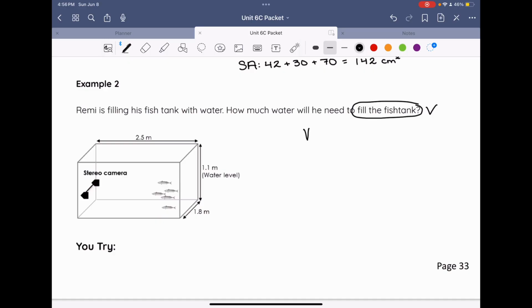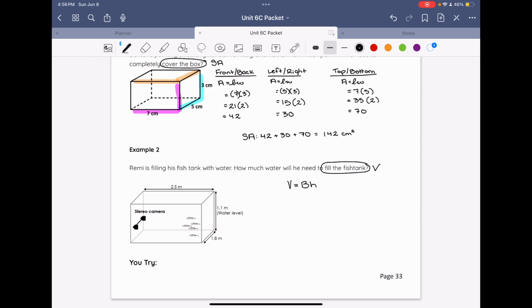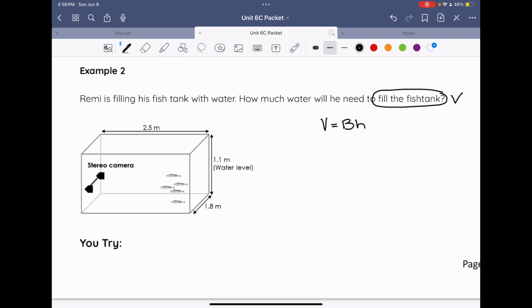So volume, remember our general prism formula is V equals capital B times H, where capital B represents the area of the base. So we learned 2 different methods. You can either plug in the area formula for your base into the formula, or you can solve it off to the side. So base area equals length times width, or you can do length times width times your height of your 3D shape. So no matter which way you do that is fine, whatever's easier for you. We're doing the length and width of the base.